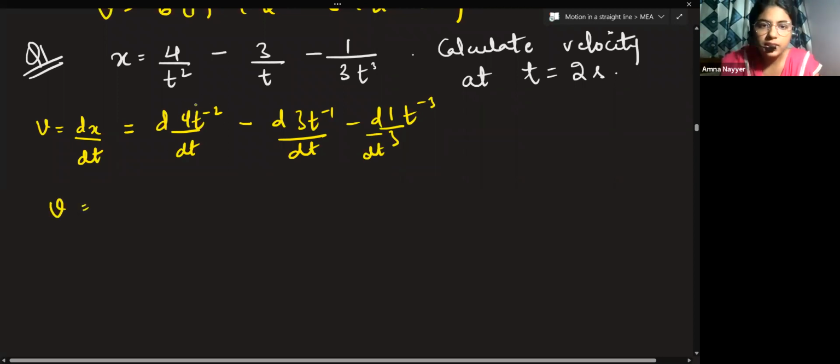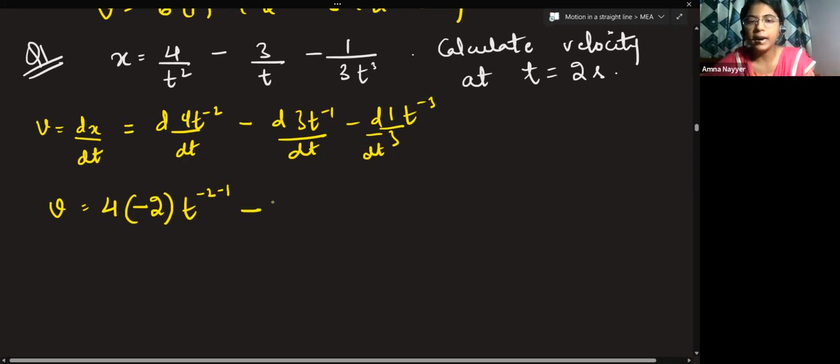First, differentiating 4t to the power minus 2: 4 will come out already because it's a constant term. Then t to the power minus 2, minus 2 comes, t to the power minus 2 minus 1. This is what is left. Minus. Now we are differentiating this.